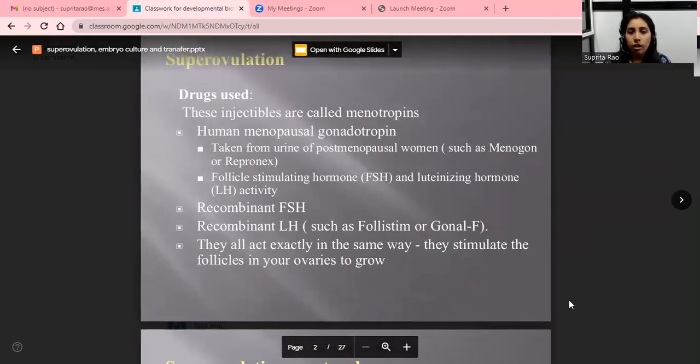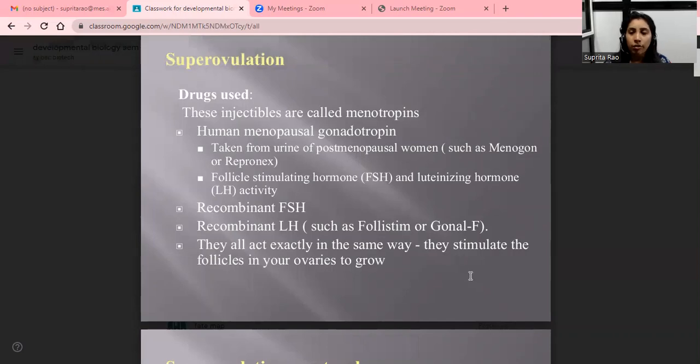So we have drugs, the first one is human gonadotropins, that is FSH, follicle stimulating hormone, and luteinizing hormone. Both these hormones can be injected as such, and these are collected from the urine of postmenopausal women, as written over here.